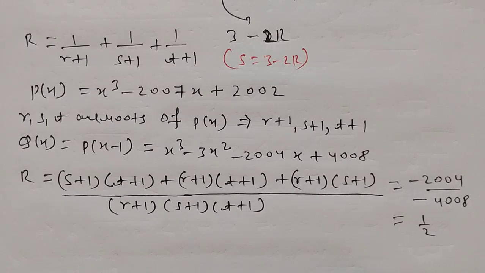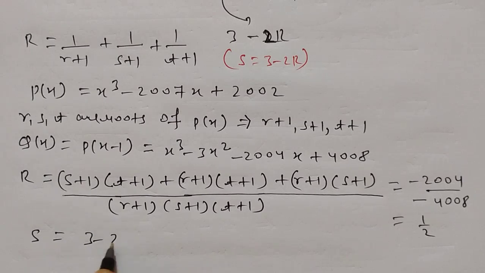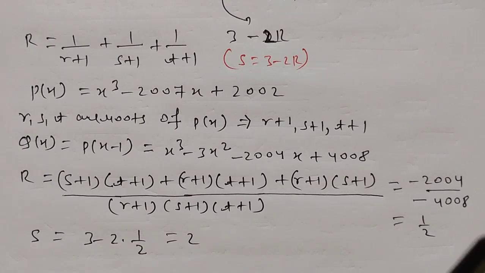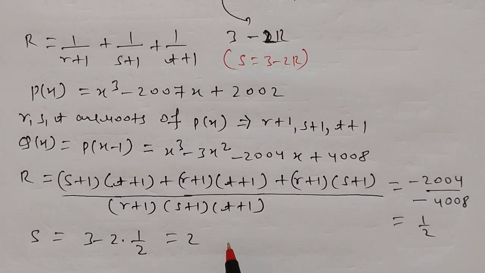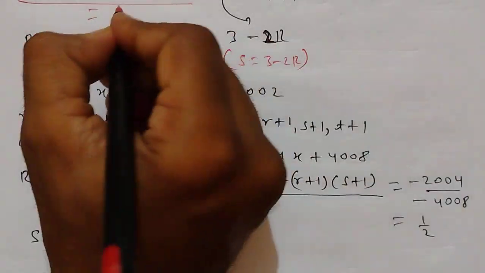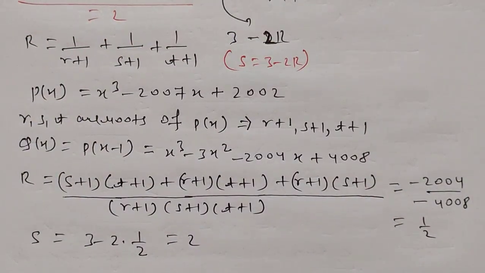And now we have the value of S as 3 minus 2 times 1/2, which is equal to 2. So the value of S is 2 finally.